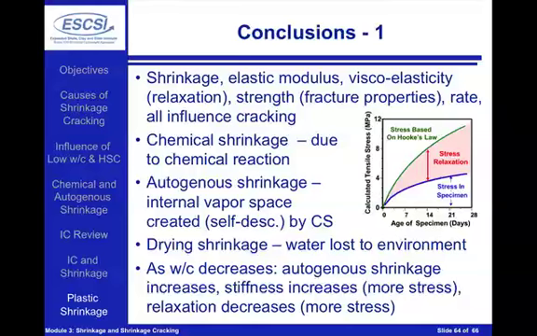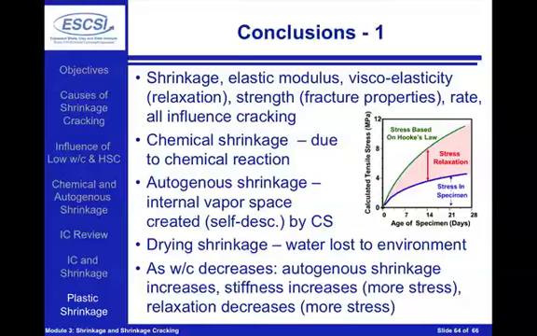It's really driven by this vapor-filled space that forms, resulting in self-desiccation, and it's driven by the chemical shrinkage that's taking place in the system. Autogenous shrinkage can be mitigated by supplying water in the lightweight aggregates. They will reduce the amount of vapor-filled space that forms. Therefore, they're going to reduce the capillary pressure and reduce the autogenous shrinkage.